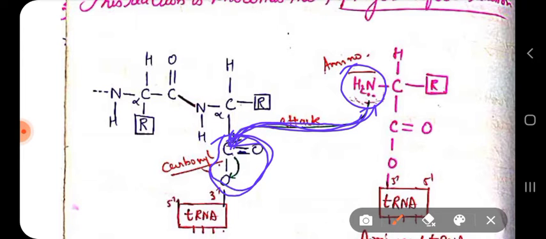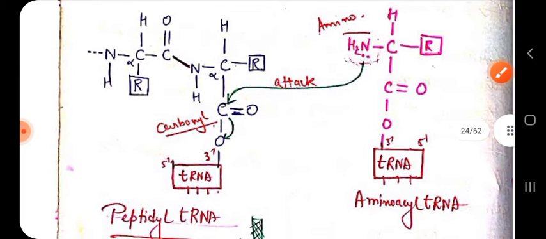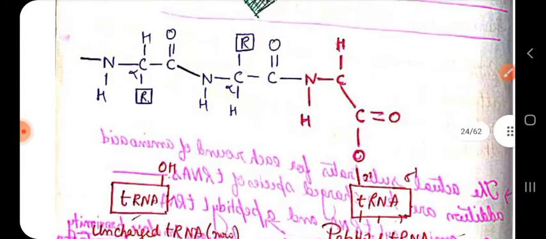It leads to the formation of a peptide bond. So a peptide bond forms between the amino acid on the aminoacyl tRNA and the amino acid of the peptidyl tRNA.